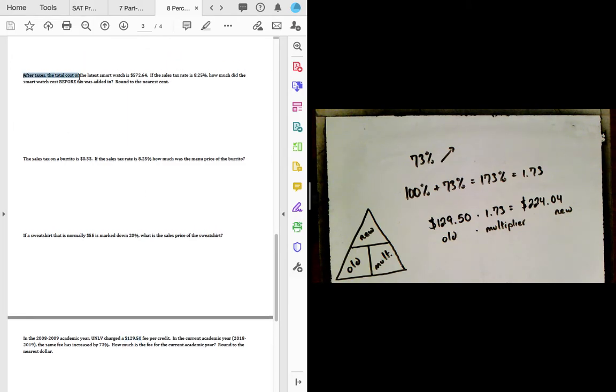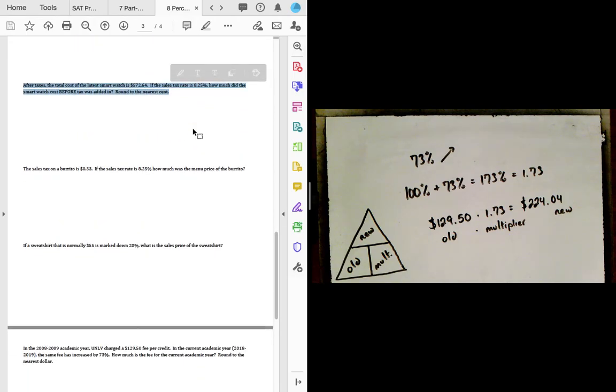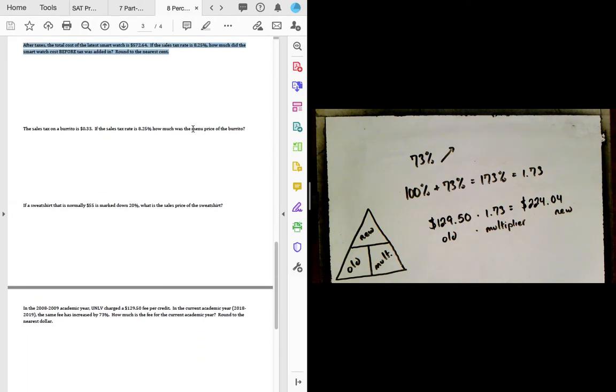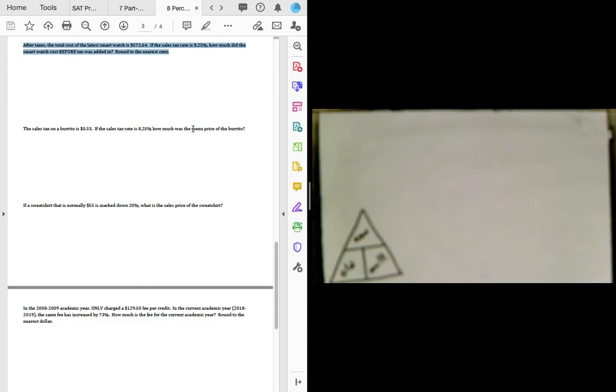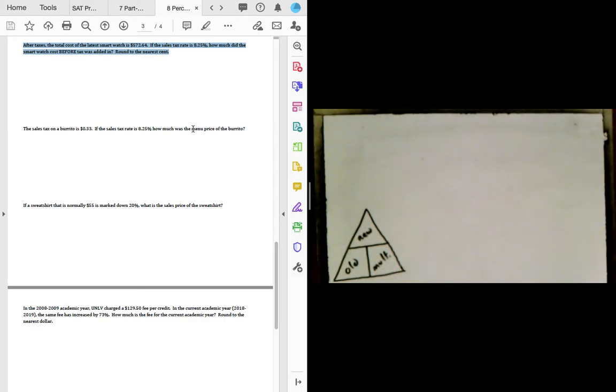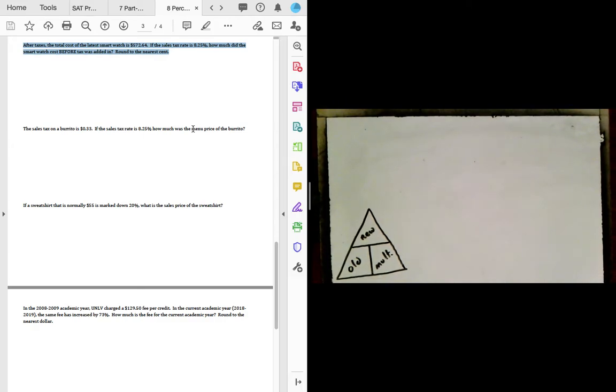For that, I'm going to actually look at this example. Sorry, they weren't in very good order. In the highlighted example we have here, it says after taxes, the total cost of the latest smartwatch was $572.64. If the sales tax rate is 8.25%, how much was the smartwatch before tax was added in?